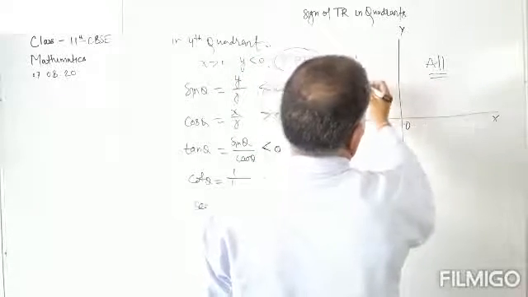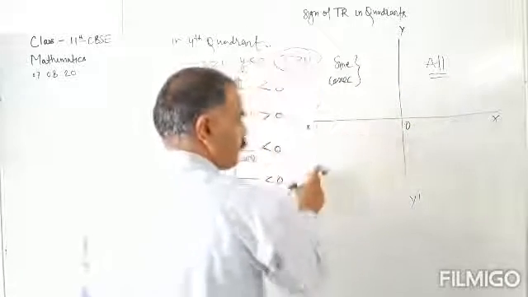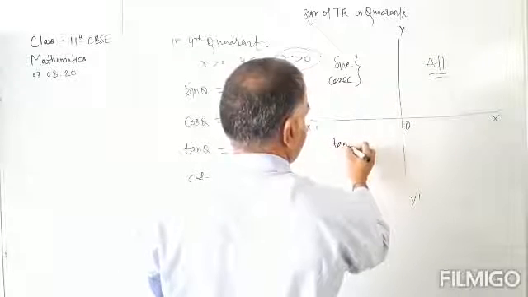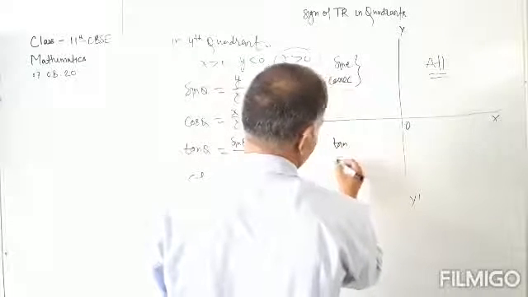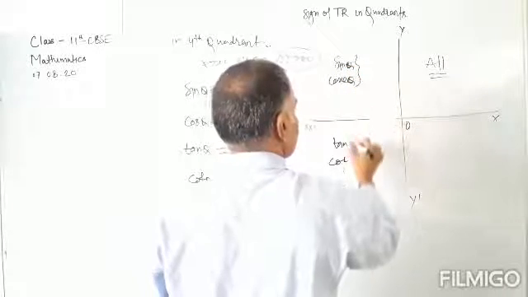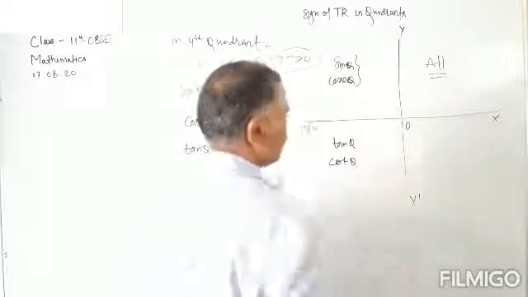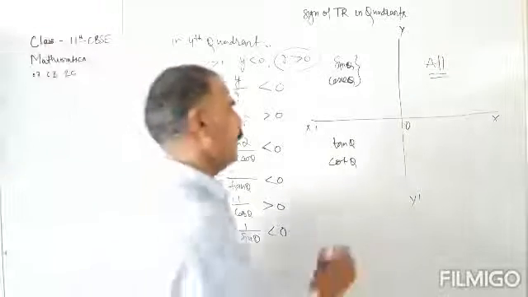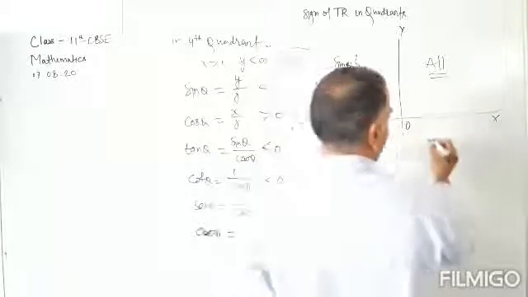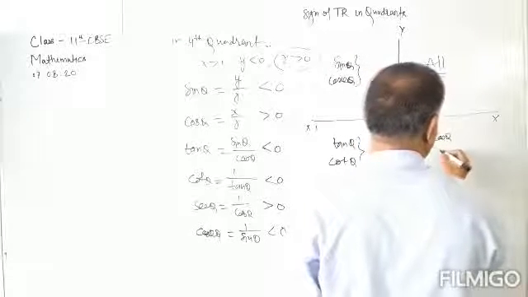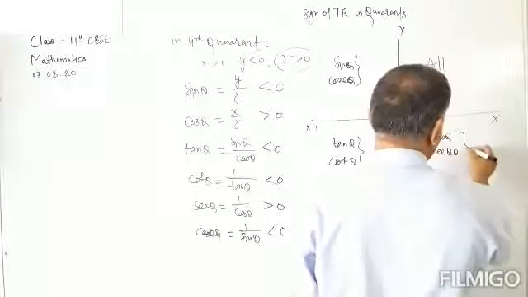In the third quadrant, tan and its reciprocal cot are positive. And in the fourth quadrant, cos and its reciprocal sec theta are positive.